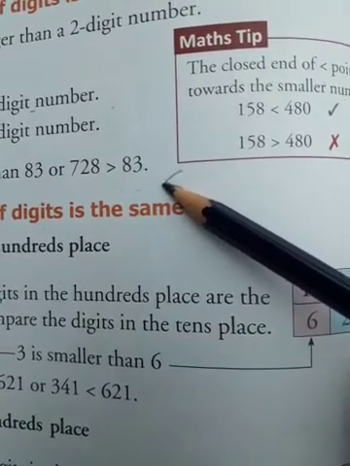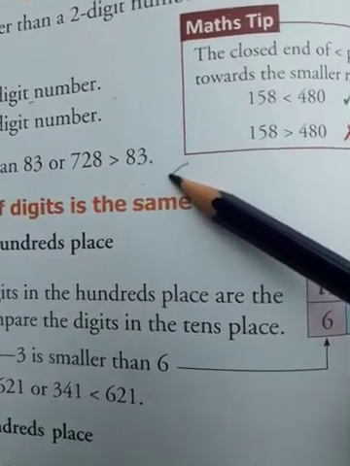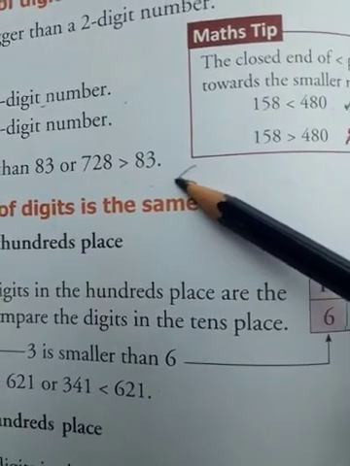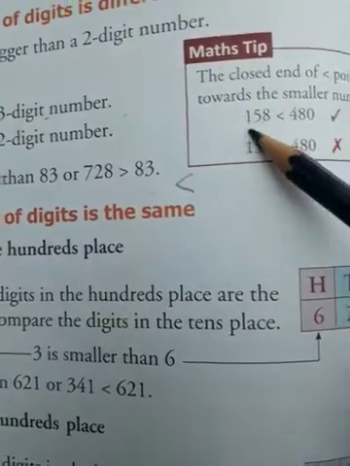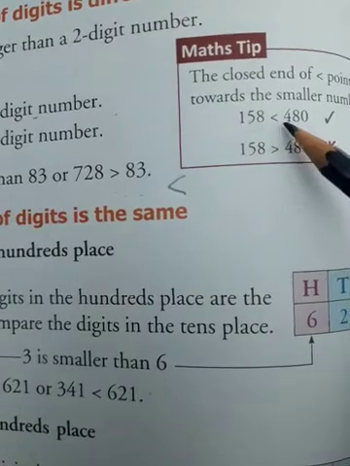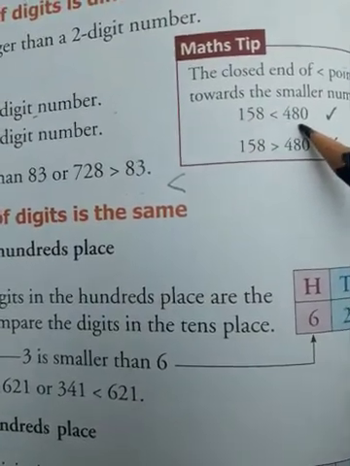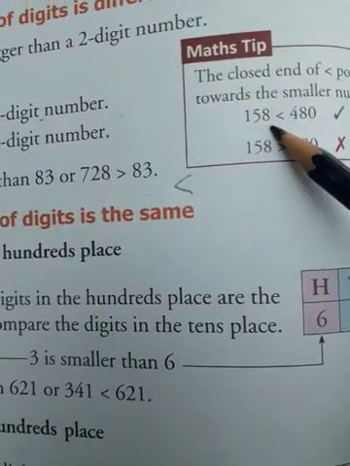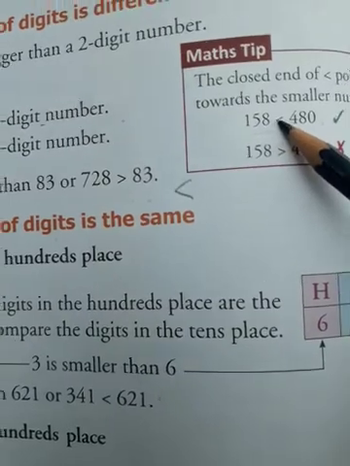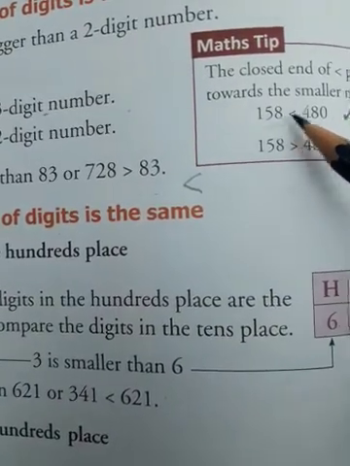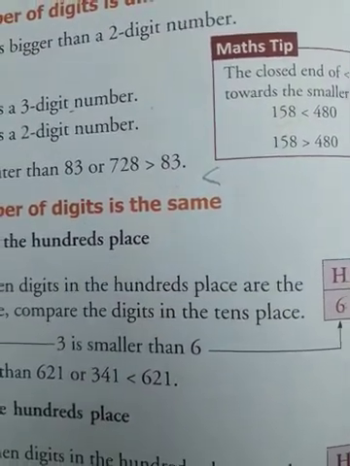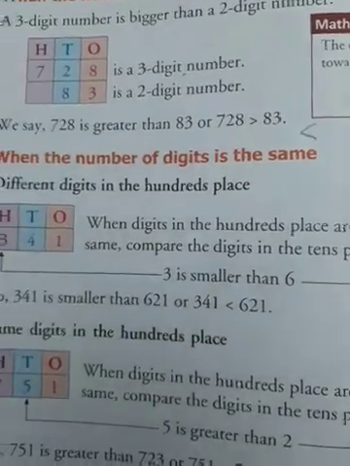The closed end point is on the smaller number side. You can see here 158 is less than 480. So 158 is less, so this closed end point is here, at the smaller number.